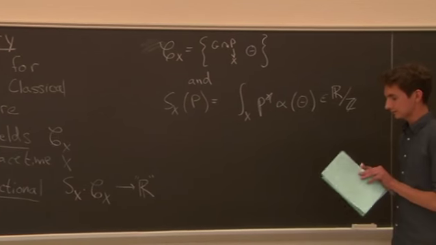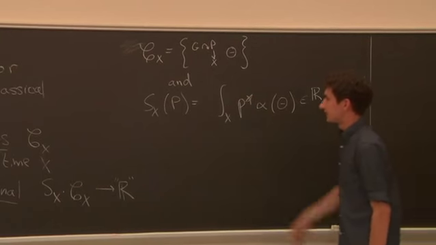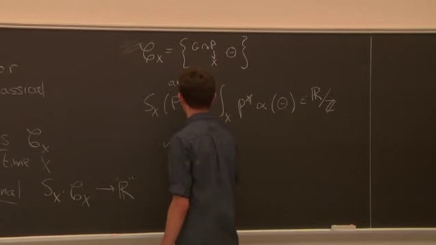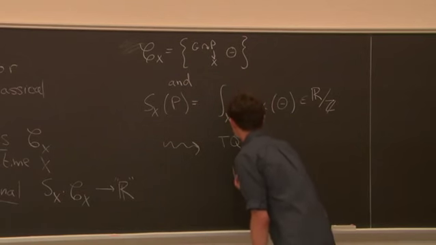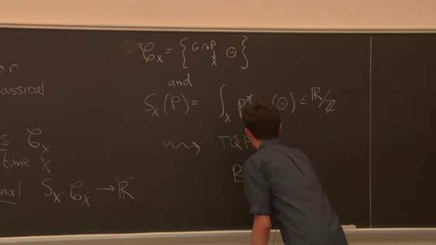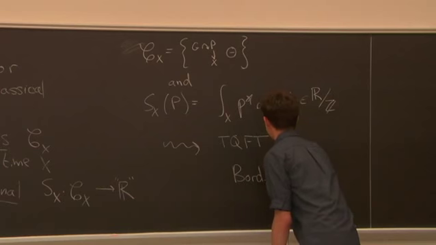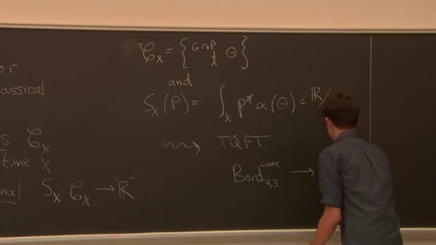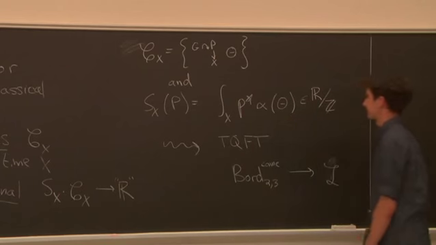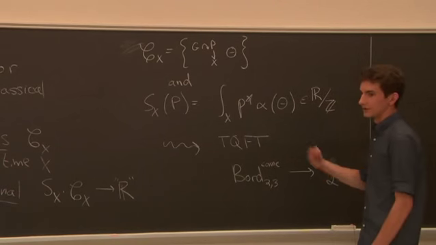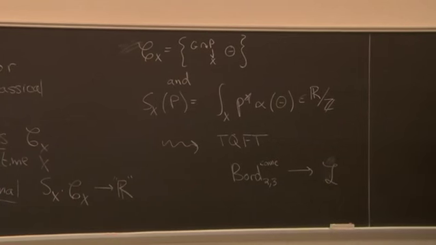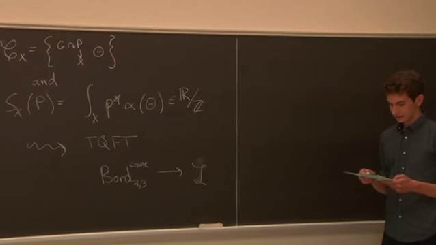And this data allowed us to define a TQFT from bordism, well, 2-3 bordisms with this data of a connection into, well, I guess it was complex one-dimensional inner product spaces with the usual functoriality, orientation, additivity properties, and gluing as well.